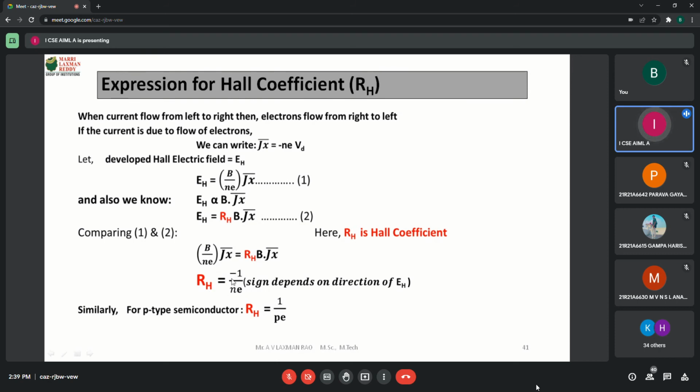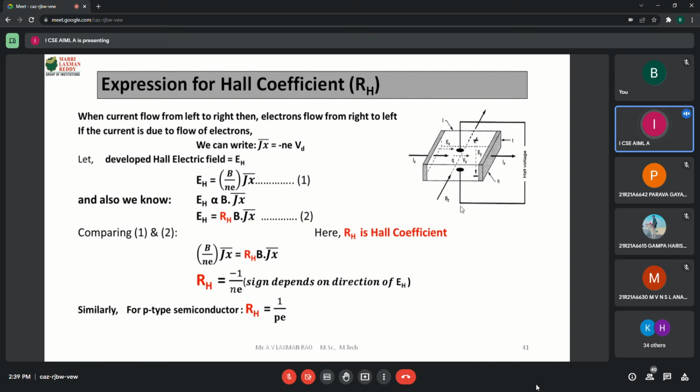If you get a negative sign of RH, as a conventional rule, we take the given semiconductor as an N-type semiconducting material. This is the experimental diagram, and this is the derivation for RH.